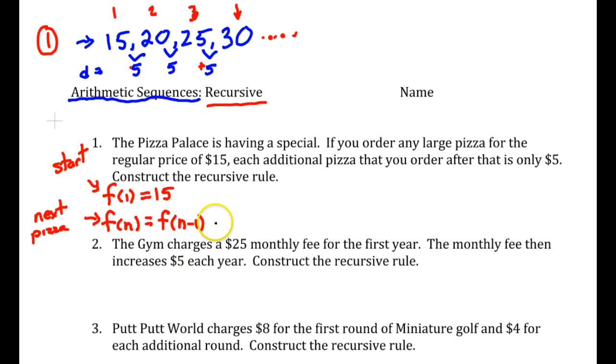And then we have to add $5. So this f of n minus 1 is like the previous. So all we're doing is saying 30 is equal to 25, the previous, plus 5 more dollars. f of n, the next pizza cost, is going to equal the previous pizza cost plus 5 more dollars.